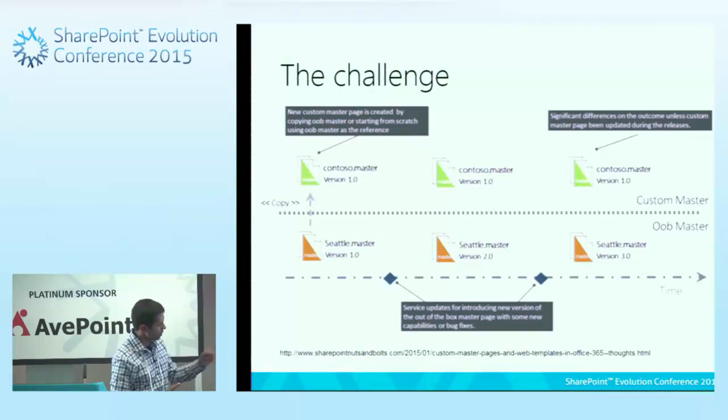He's got a blog called SharePoint Nuts and Bolts, and he talks about what you can do, but also the downsides of doing this, which is that you might not get some of the features straight away. What you can do is make a copy of one of the master pages that you want to brand, and then maintain that as a separate asset. But what happens then is, obviously, when a new feature gets released, you won't get that immediately.